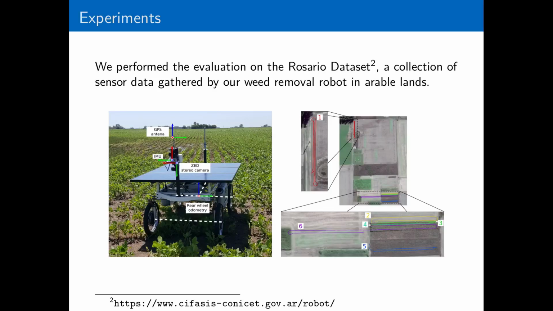We evaluate our system on the Rosario dataset, which comprises sensor data collected by our weed removal robot in arable lands. To ensure comprehensive testing, we corrupt the GNSS RTK measurements with additive Gaussian noise, simulating conventional GNSS measurements.